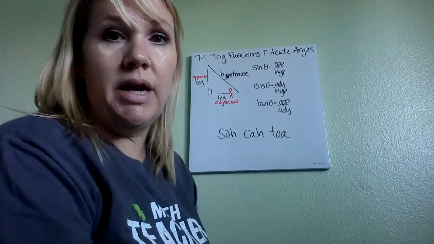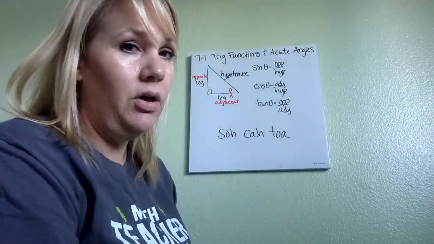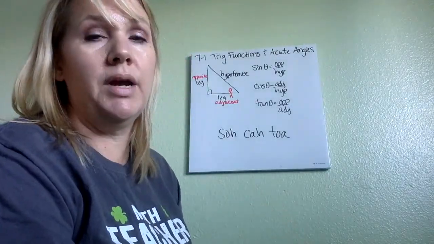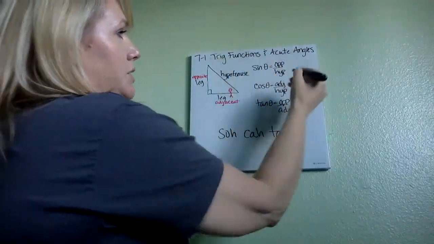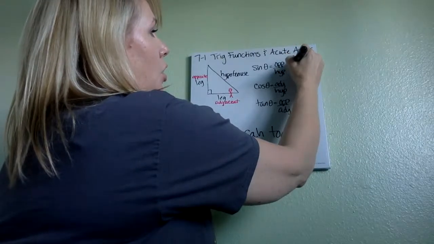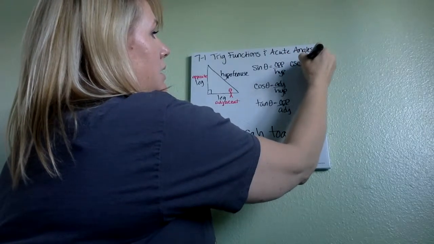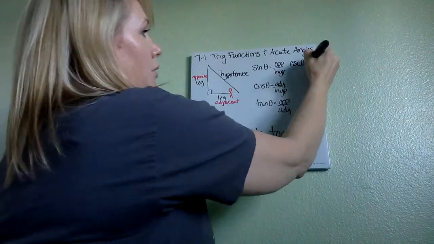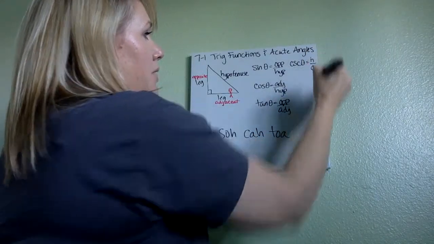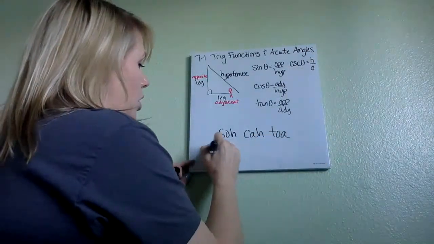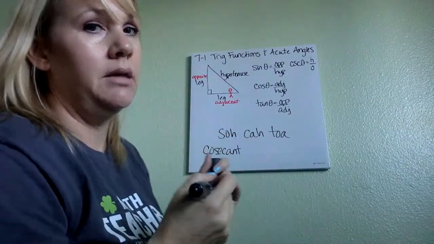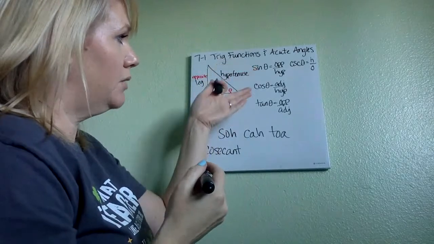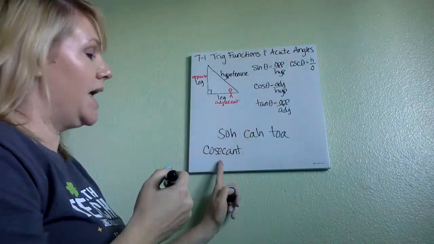We are actually going to cover the other reciprocal trig functions today. I don't know if you covered them when you did geometry. So the reciprocal of sine is cosecant. And reciprocal just means flip it over, right? So the hypotenuse would go on the top and the opposite would go on the bottom. I'm going to write out cosecant. You don't want to say CSC. Don't read the abbreviation, read the name.